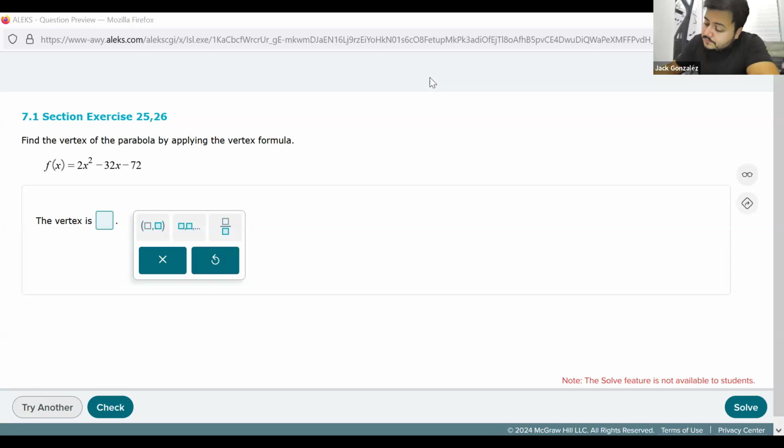The vertex formula. f of x is equal to 2x squared minus 32x minus 72. Okay. Switch back here.